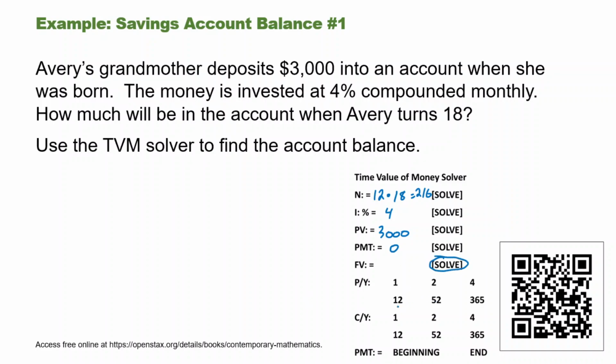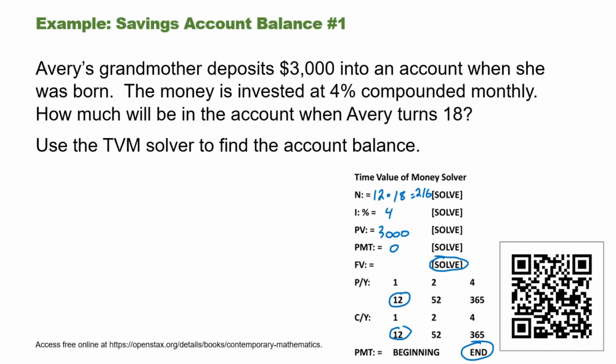P/Y will be equal to 12, because this is monthly. C/Y will also be equal to 12, because P/Y and C/Y, payments per year and compoundings per year, will always be the same in the questions we have. And then finally, PMT, whether it's beginning or end, it does not matter, so I'll go ahead and select end.